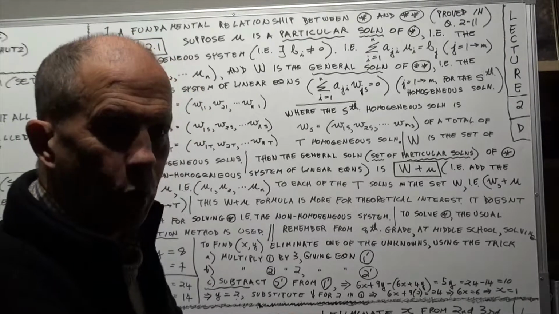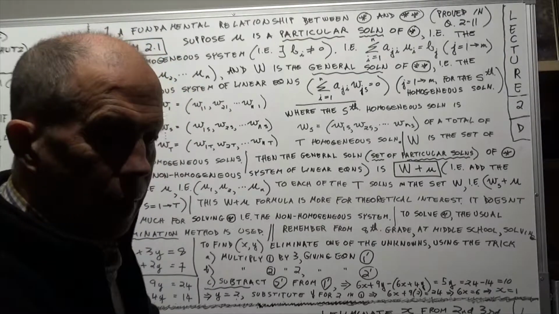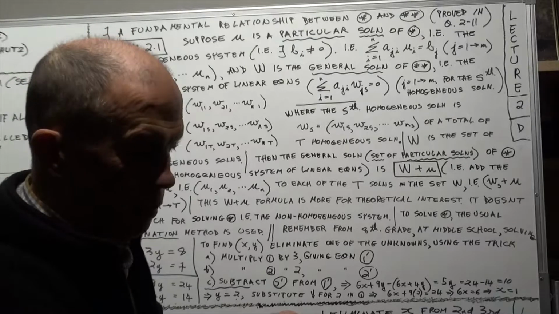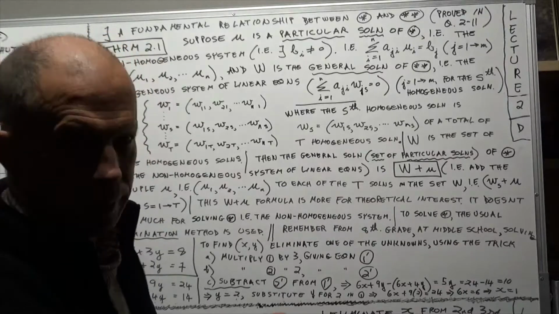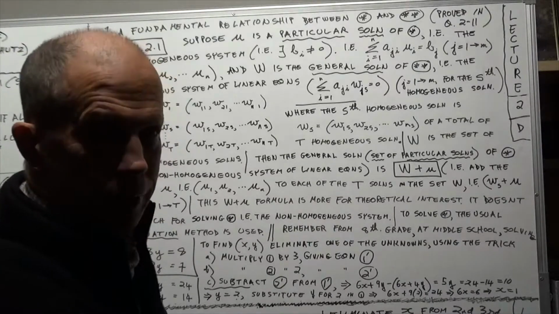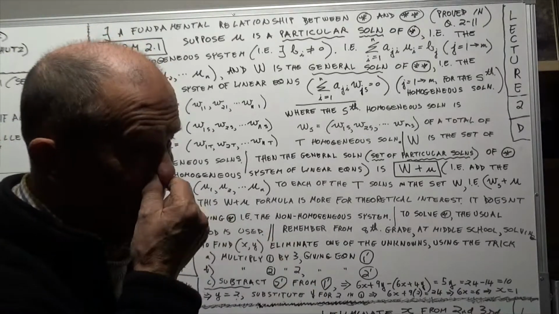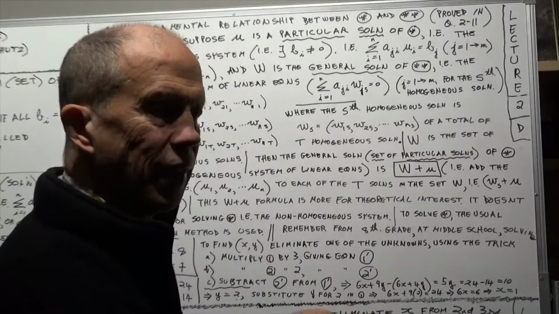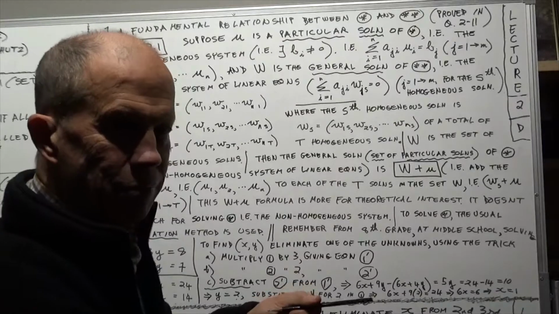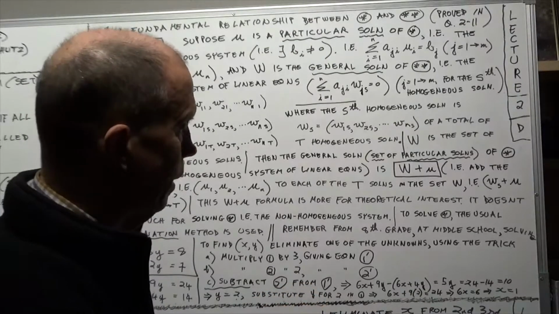It's shorter by one variable. And you can keep doing that until you've got an equation with just one variable in it equals some constant, and therefore you can solve for the variable. And then you can plug that solved value into the next longer one, and so on.